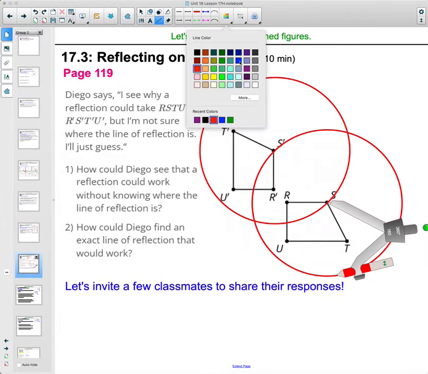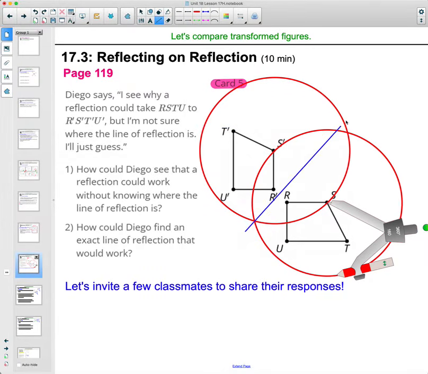When I connect these intersections, that's actually the line of reflection, the same as the perpendicular bisector. Again, you could have done that on any of these, U to U prime, R to R prime, T to T prime, and gotten the line of reflection.